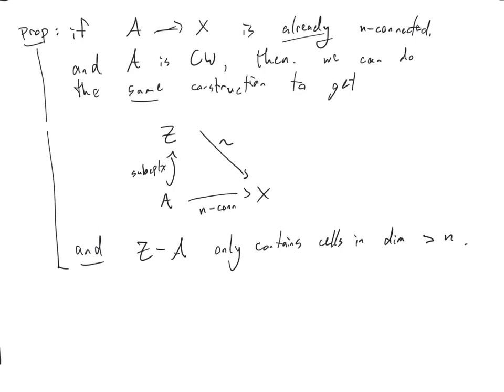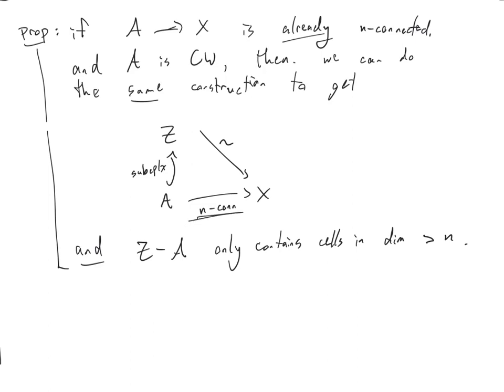I have phrased both of these things as propositions. They were both just observations from making arguments, but they're good to formalize. Sometimes this is stated as if A and X are already a CW pair, but really you're starting with some subspace of X or a map into X which is already CW up to a certain point, you can just start your induction, which is already an n-connected replacement up to that point.